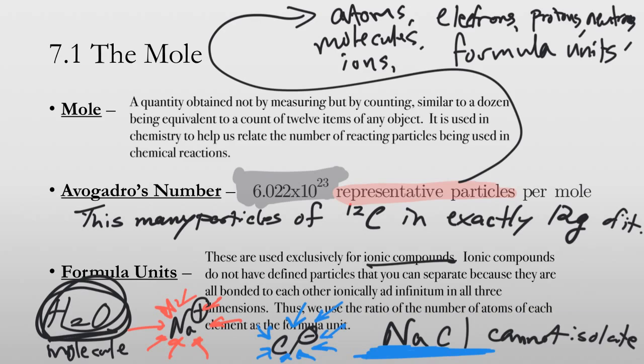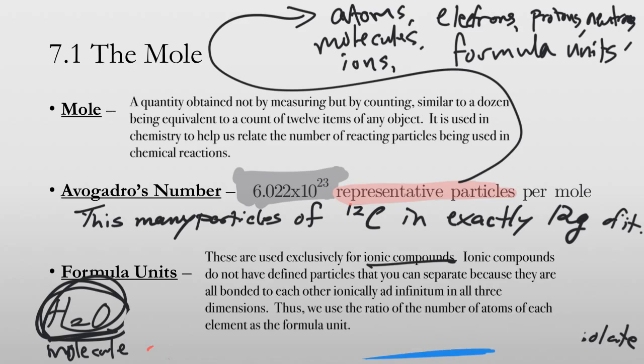As it says here in the write-up, they're used exclusively for ionic compounds. Ionic compounds do not have defined particles that you can separate because they are all bonded to each other ionically ad infinitum in all three dimensions. And that just means that it goes on forever in all three dimensions in a sense.